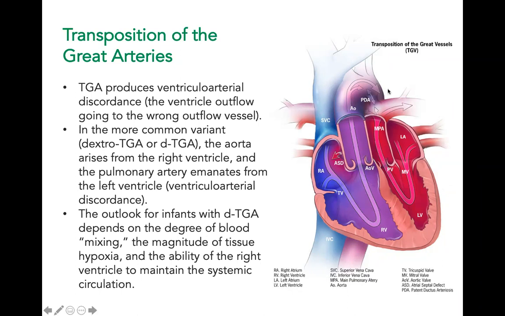Pag meron ang transposition of great arteries, usually there is a defect somewhere na para ma-oxygenate somehow yung blood. So, it's either mayroong ventricular septal defect, okay, that can maintain the oxygenation of the blood. Pero, depending nga on the magnitude of tissue hypoxia, yun yung prognosis ng pasyente natin.